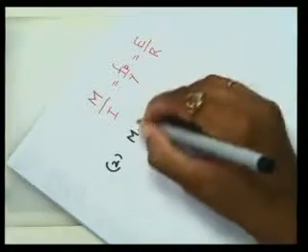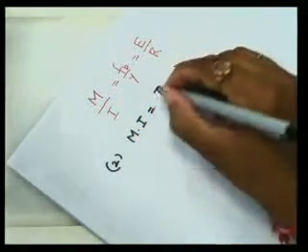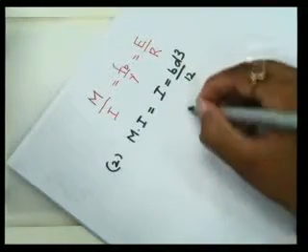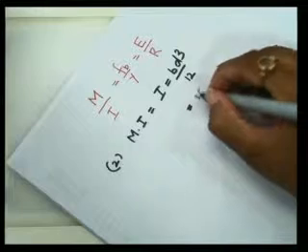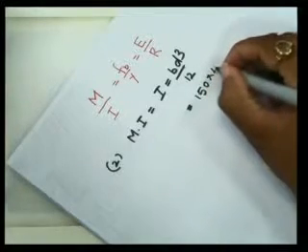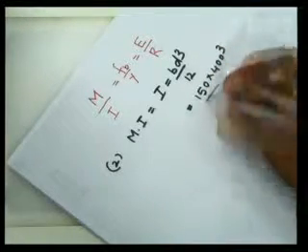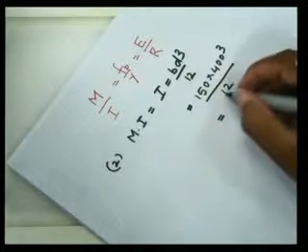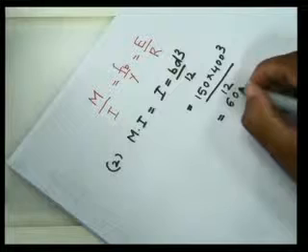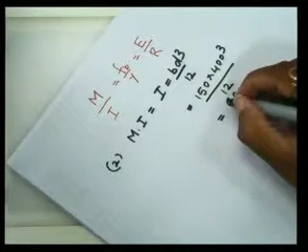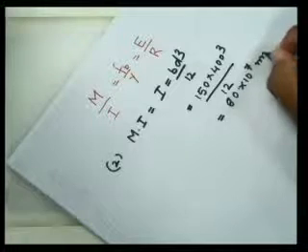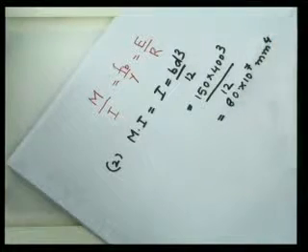Moment of inertia for a rectangular section I is equal to BD cube by 12. So B is 150, D is 400 cube divided by 12. So we get the answer as 80 into 10 to the power 7. What is the unit? mm to the power 4.